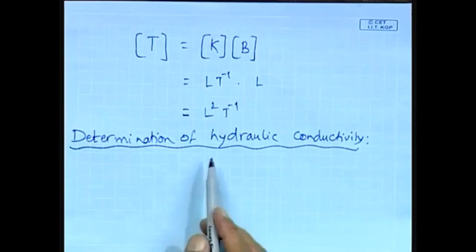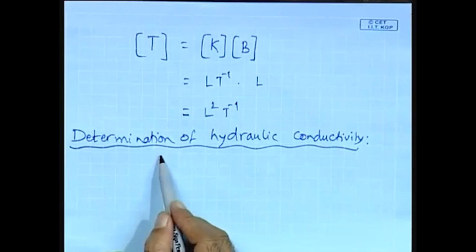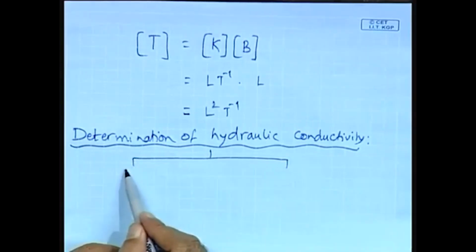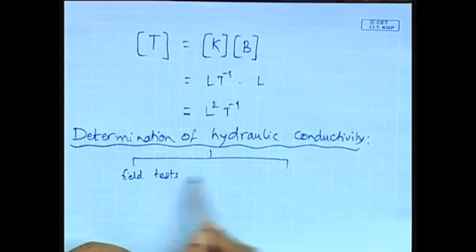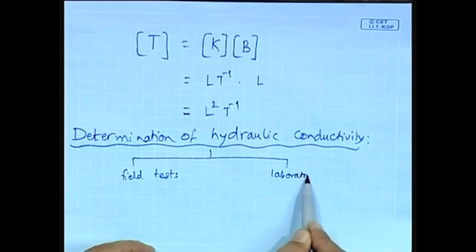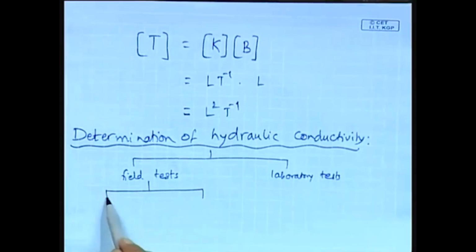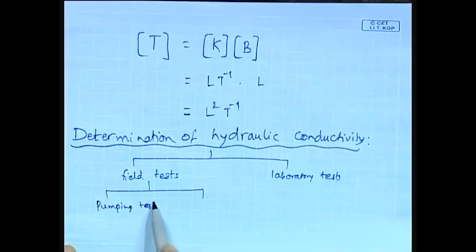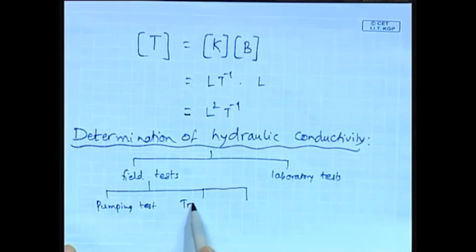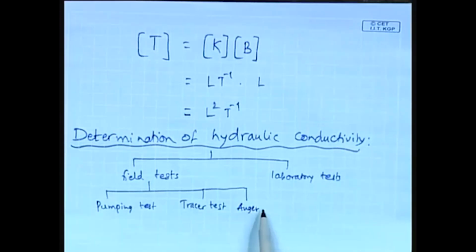So, this hydraulic conductivity or permeability can be determined by either field tests or laboratory tests, and in the field tests we have the pumping hole test, that is pumping test, and of course, we also have the tracer test, and we also have the auger hole test.